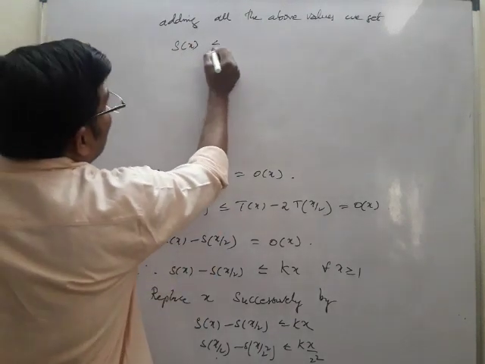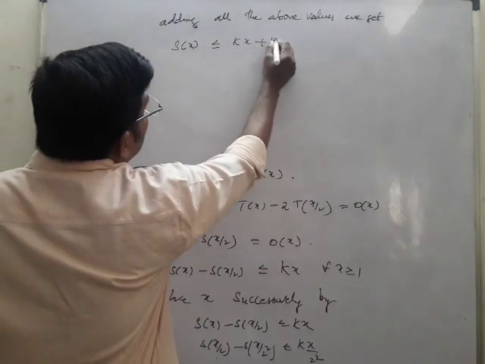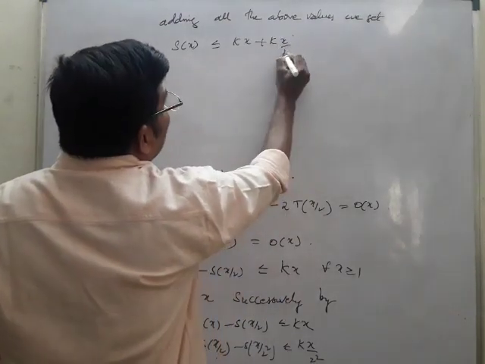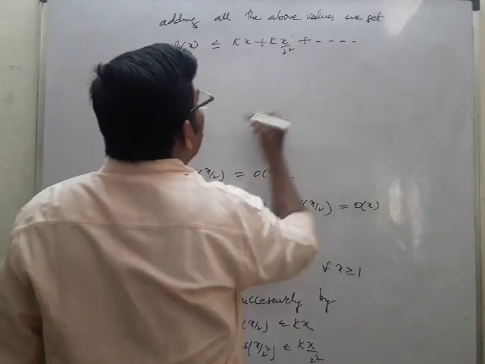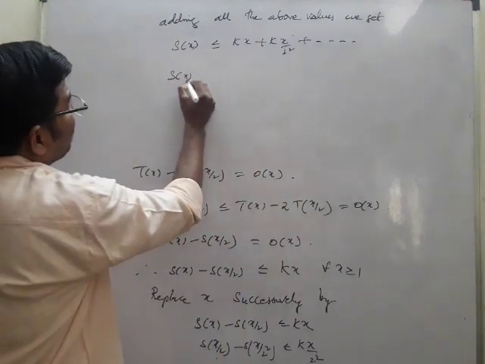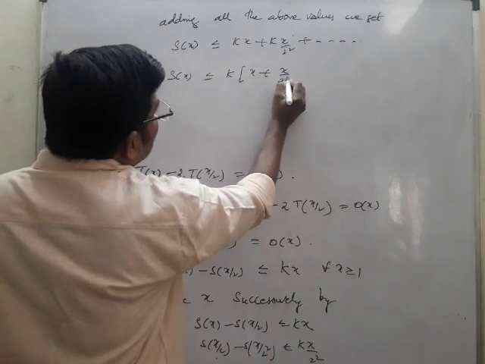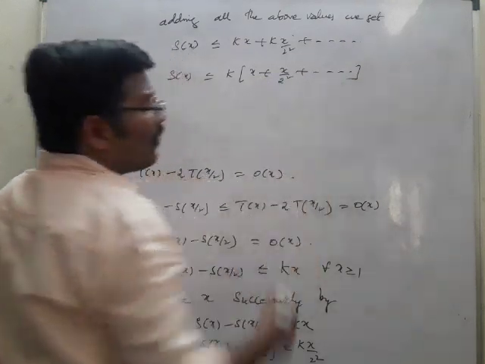S of x is less than or equal to some k x, sorry, k times x plus x by 2 plus x by 2 square and so on.